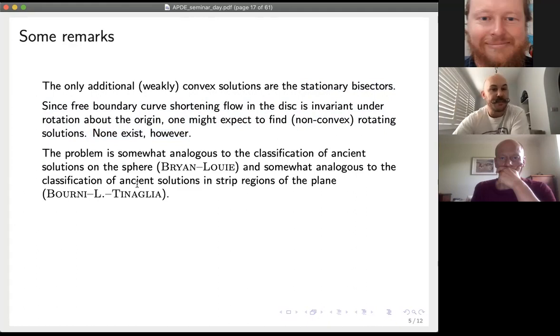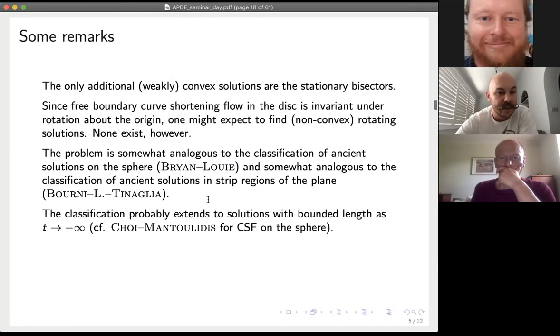Another remark. The problem turns out to be analogous to the classification of convex ancient solutions on the sphere, which was done by Bryan and Louie. But it's also somewhat analogous to the classification of ancient solutions in strip regions in the plane, which was slightly unexpected when we started looking at this.